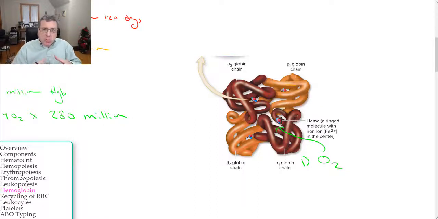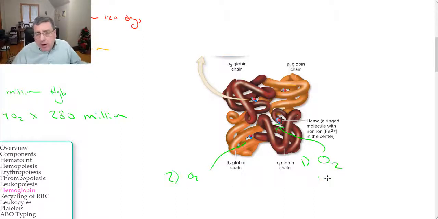And the first one that oxygen binds with is the most difficult one to bind to, okay? When oxygen binds with the first hemoglobin or the first iron, it changes the shape of that molecule a little bit, which makes the second one a little easier. So I'm going to put hard.